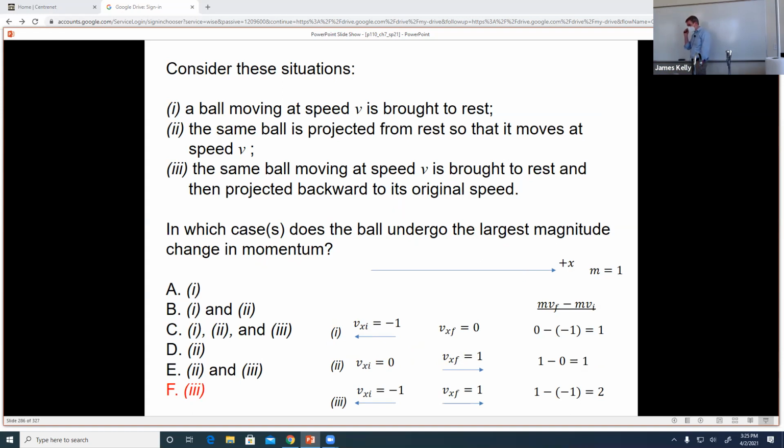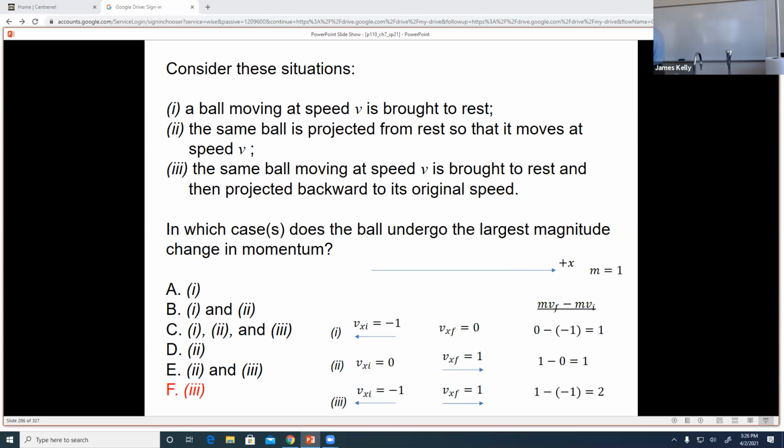I forgot what I was going to compare it to. Compare it to kinetic energy, right? The change in kinetic energy in 3 would be 0, because with 1/2 mv squared, we're not keeping track of which way things are going. So 1/2 mv squared is the same in the final state and the initial state for 3.